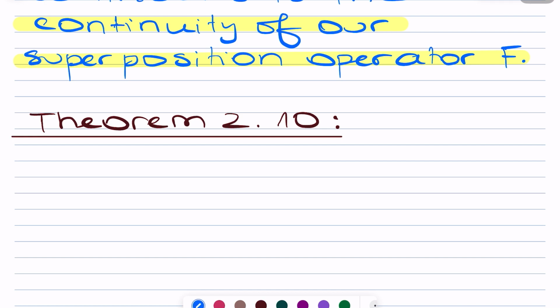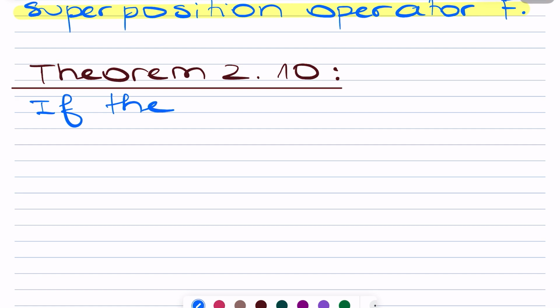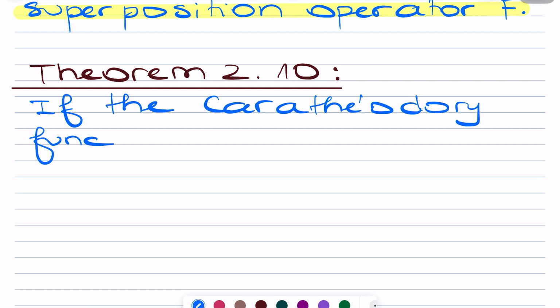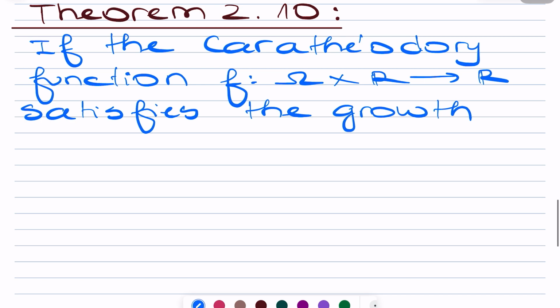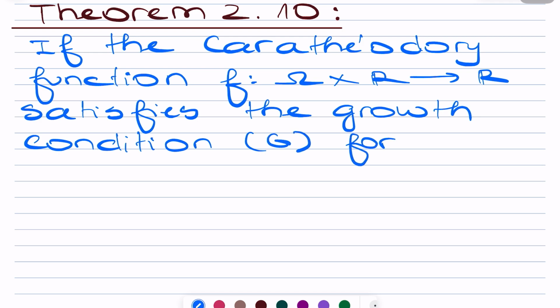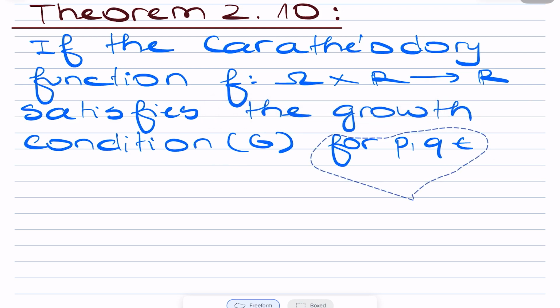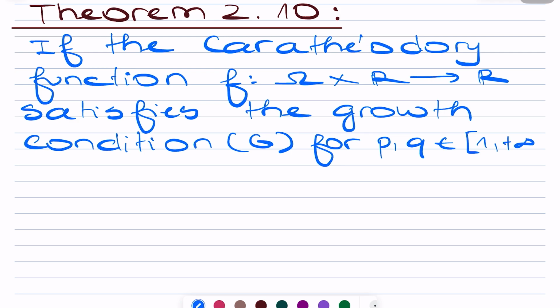If the Caratheodory function little f, defined on omega cross R into R, satisfies the growth condition G, for, of course, p and q in [1, plus infinity), infinity is excluded.